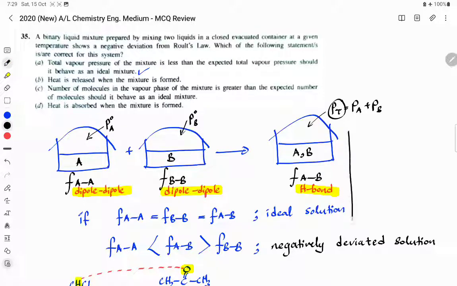Let's write that down. Bond dissociations are endothermic. Bond formations are exothermic.